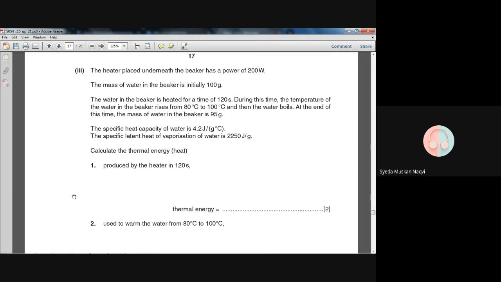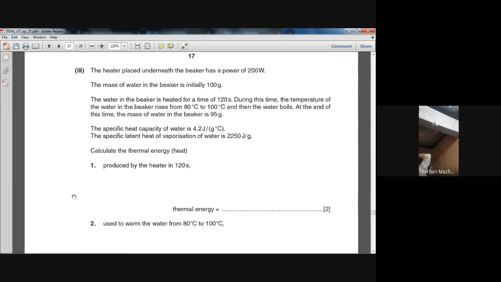The water in the beaker is heated for a time of 120 seconds. During this time, the temperature of the water rises from 80 to 100 degrees Celsius, and then the water boils. At the end of this time, the mass of water in the beaker is 95 grams. The specific heat capacity of water is 4.5 joules. The specific latent heat of vaporization of water is 2250 joules per gram. Calculate the thermal energy produced by the heater in 120 seconds.